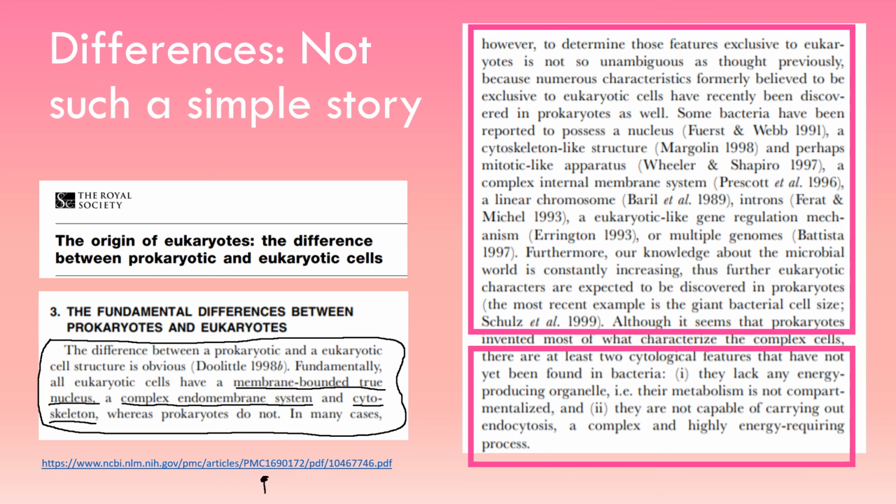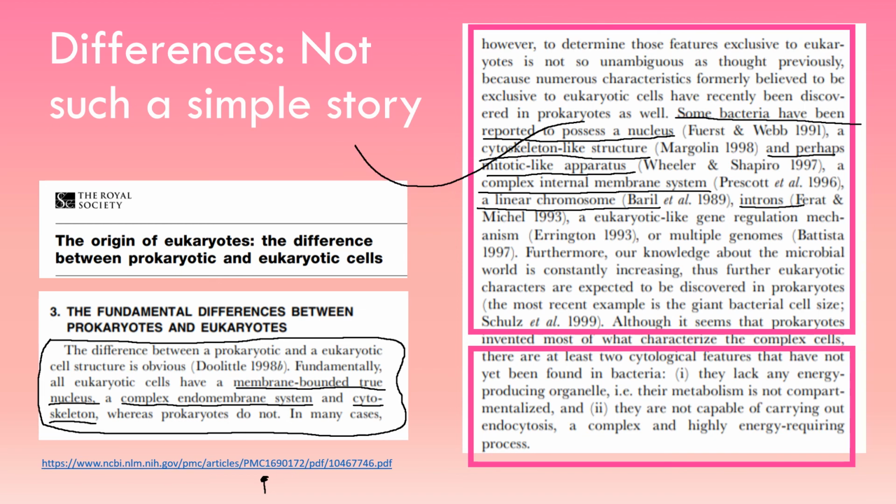But if you read further on into this, some bacteria have been reported to possess a nucleus, a cytoskeleton-like structure, and perhaps mitotic-like apparatus, a complex internal membrane system, a linear chromosome, introns, a eukaryotic-like gene regulation mechanism, or multiple genomes. So actually, you read on in that article, and it's contradicting the classification system a little bit there. It's saying that some prokaryotes have been found to have these.